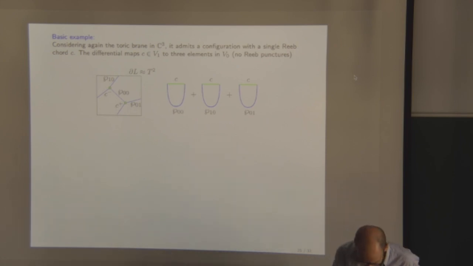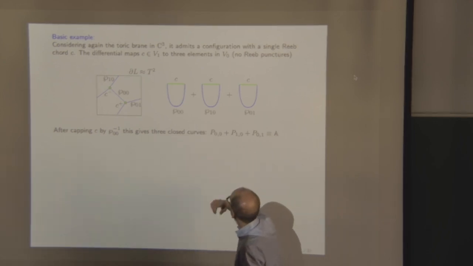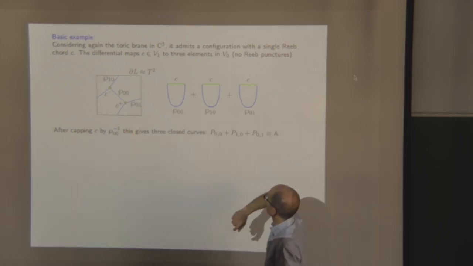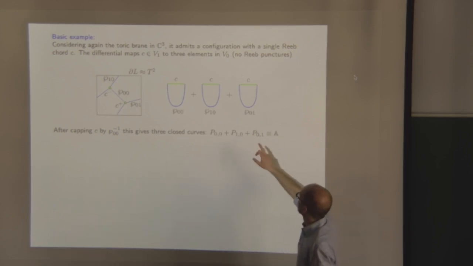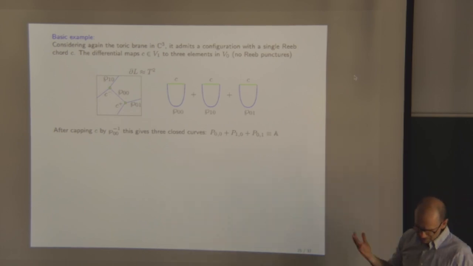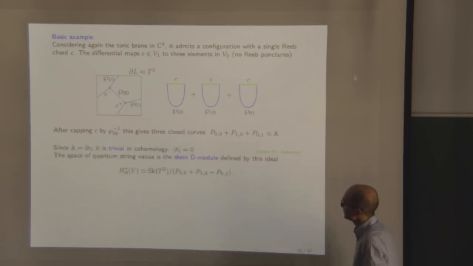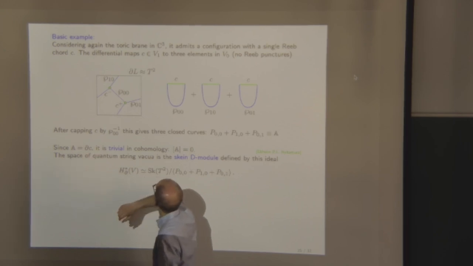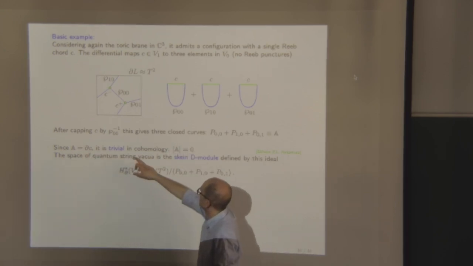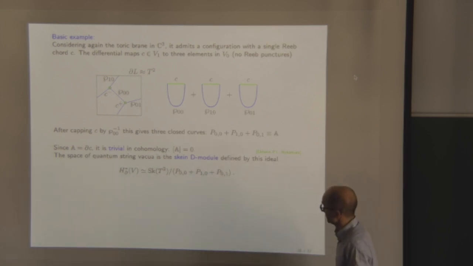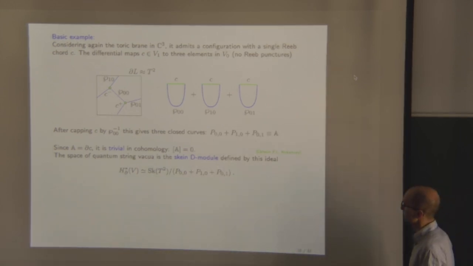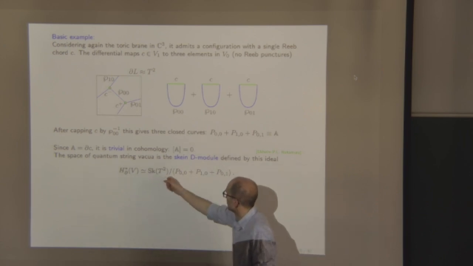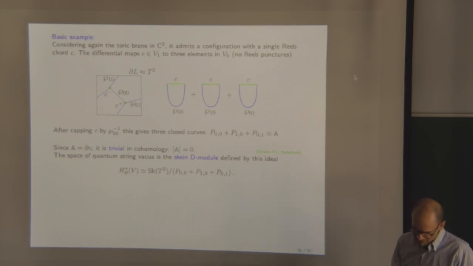So these are the disks, and what you can do is cap them off by using the inverse of path P00. If you do that, you get the three operators that we've seen annihilate the partition function. The reason is that the way we compute this operator is by capping off the boundary of C, so that's a trivial element in cohomology. And so the space of string vacua, by definition, will be the skein module defined by taking a quotient of the skein algebra by this triple of operators.